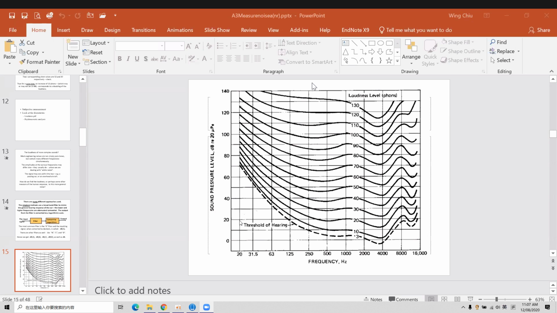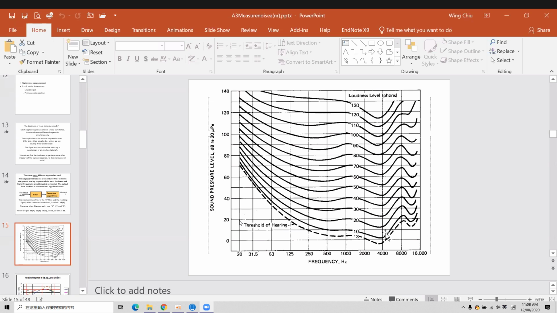The ear has a frequency response which is not totally flat, which means we need to take into account the way that our human ear responds to noise, so that whatever pressure measurements we've measured mimic what our human ear actually hears.